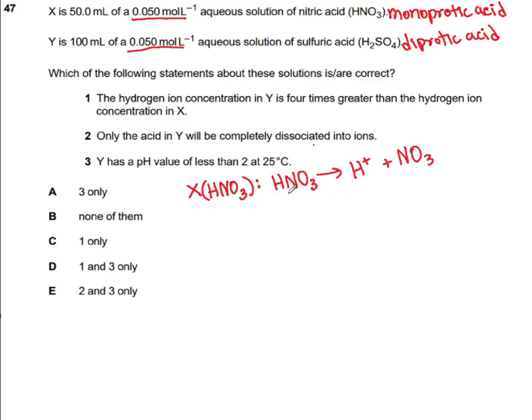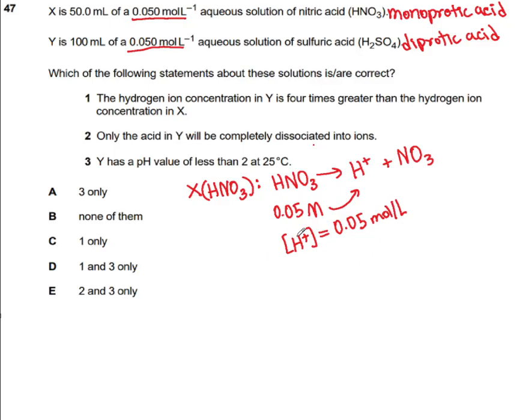The concentration of this undissociated acid we know is 0.05 mole per liter. I'm going to use capital M, which is basically concentration. So we can directly use this concentration and say the concentration of H+, the hydrogen ion proton, will also be 0.05 mole per liter. Okay.